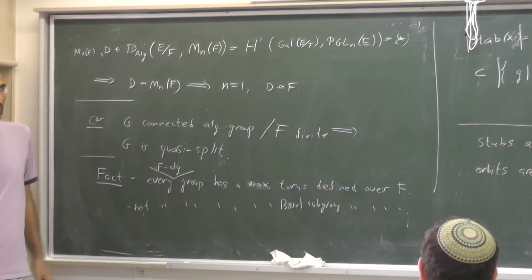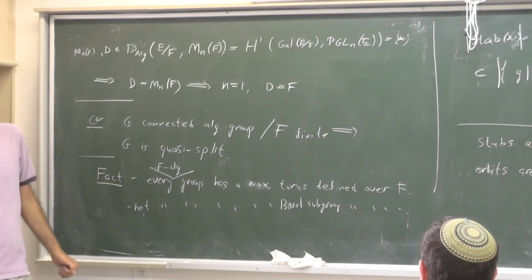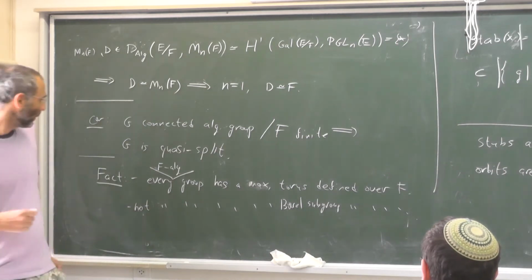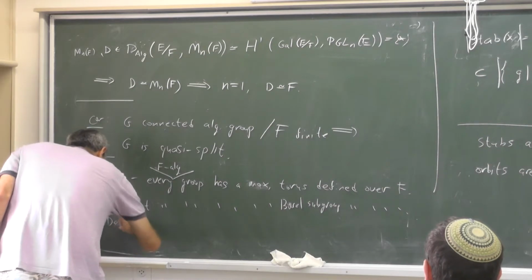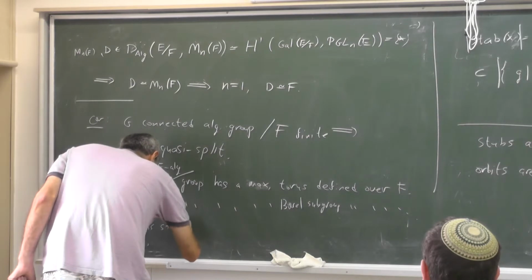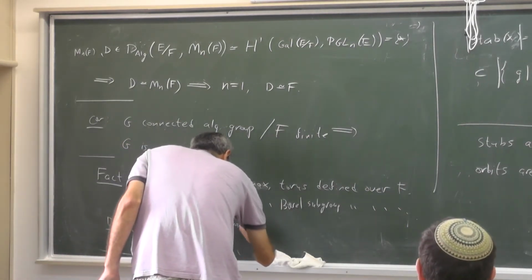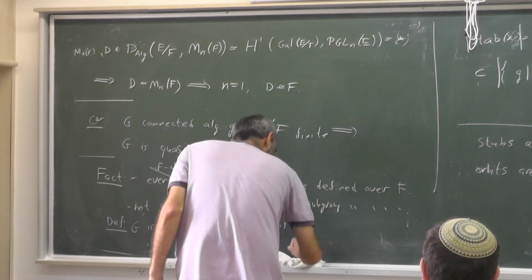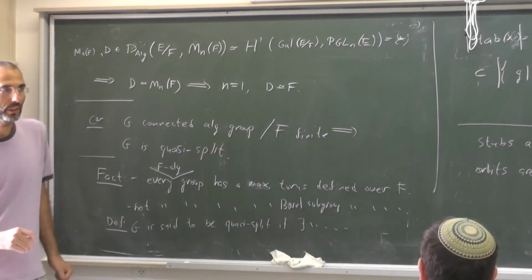So what about Borel subgroups? Sometimes you do, sometimes you don't have Borel subgroups defined over the field, regardless of the question of splitness. So here comes a definition. G is said to be quasi-split if there exists a Borel subgroup defined over the field.